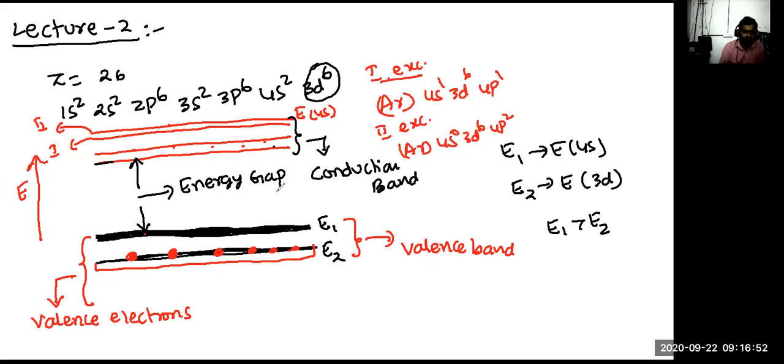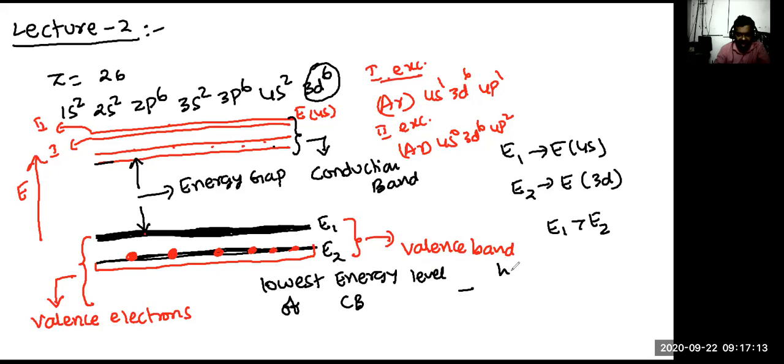Once again I will repeat. Energy gap is the difference between the lowest energy level, or state, of the conduction band and the highest energy level of the valence band.